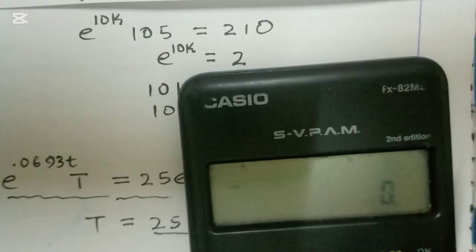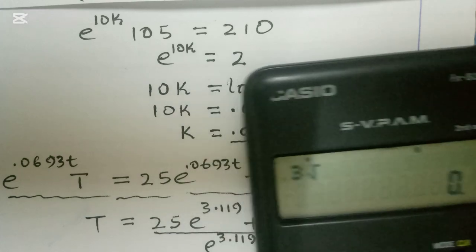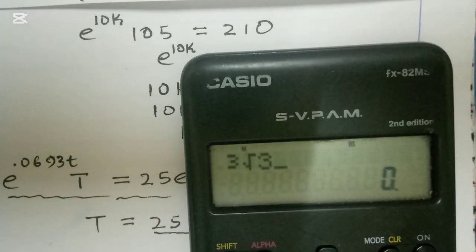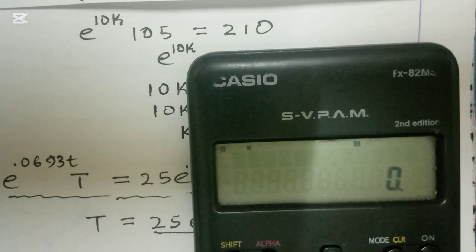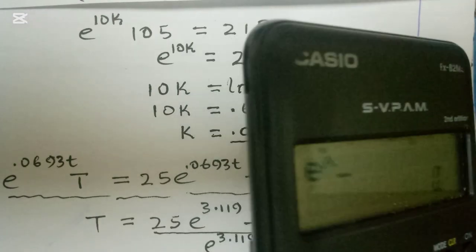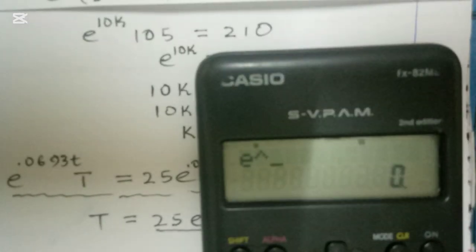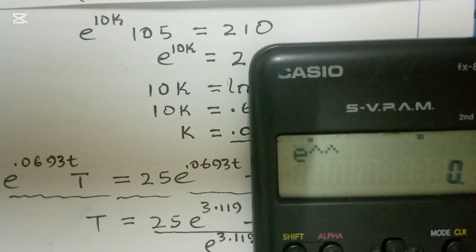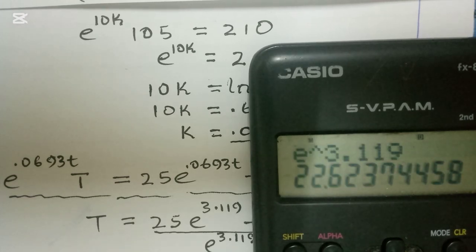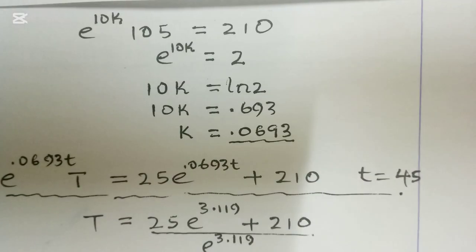In fact, we can do that. e raised to 3.119, that gives us, I made a mistake, let me correct. e raised to 3.119 gives us 22.62, and that's what I have written here, guys.